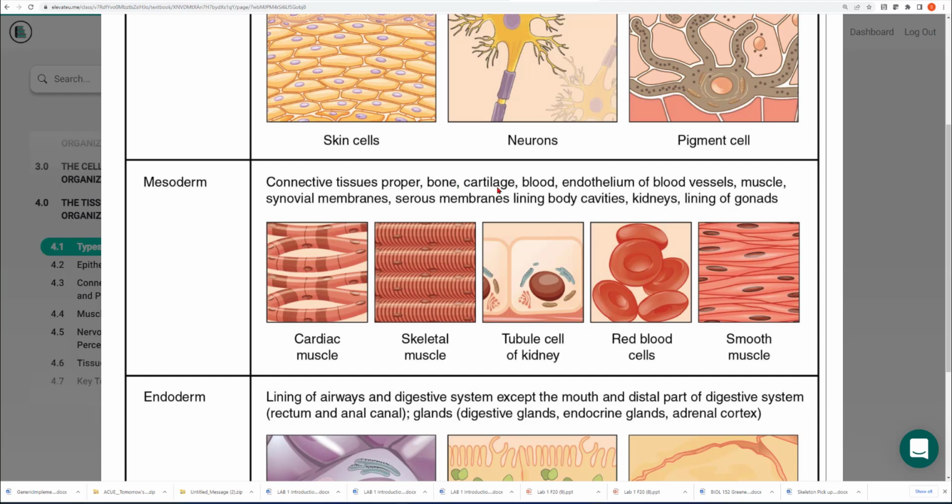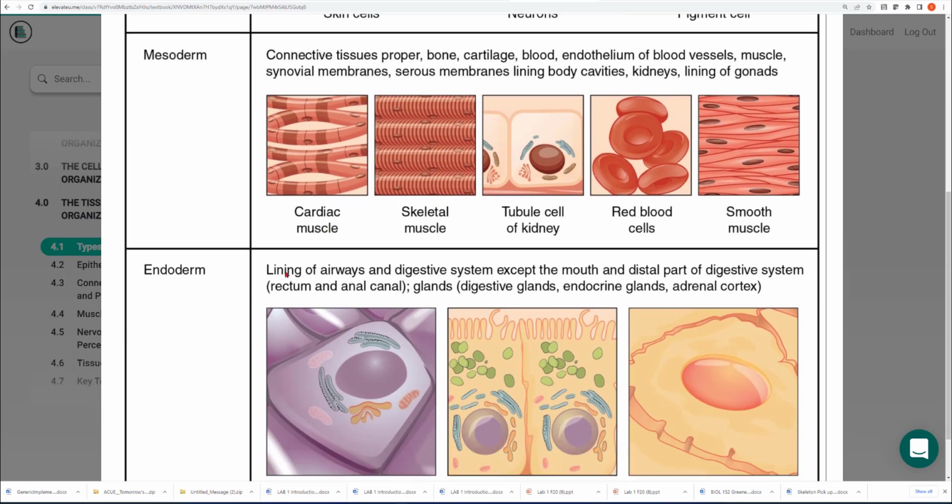So bone, cartilage, blood, all of it comes from the mesoderm. In addition, from the mesoderm, you also get muscle. So all of your muscles. So connective tissues and muscle. That's what I want you to remember. For the mesoderm, connective tissues and muscle tissues.